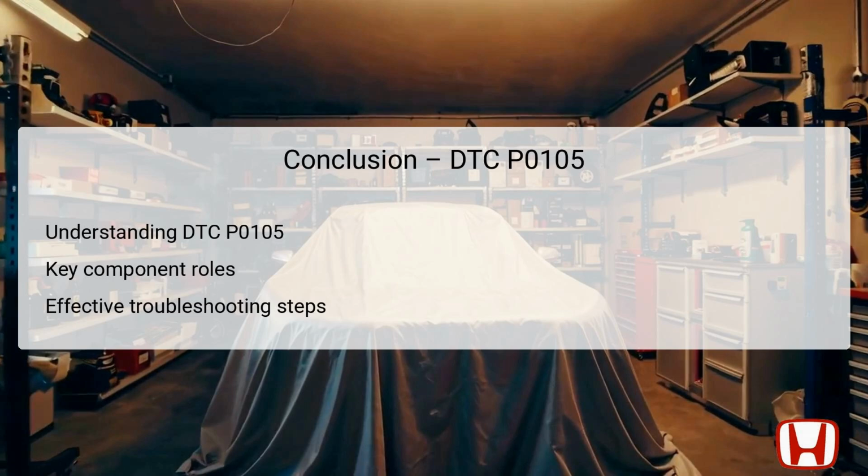The troubleshooting steps we've outlined guide technicians through a systematic approach to identify and rectify the problem. From checking voltage supply to verifying wiring integrity and replacing the sensor, each action taken is essential for resolving the issue. Finally, preventive measures can help avoid future occurrences of this DTC, ensuring that the vehicle performs at its best over time.